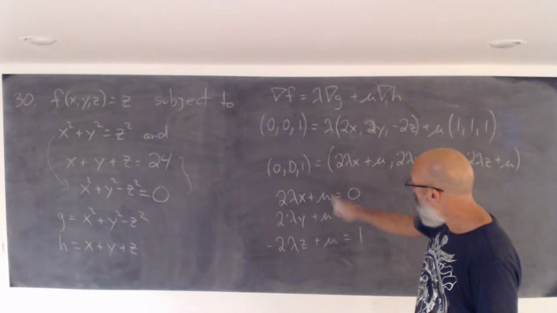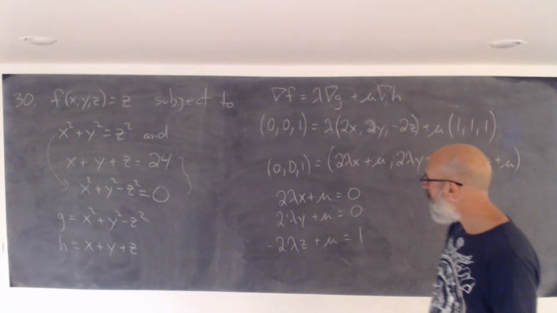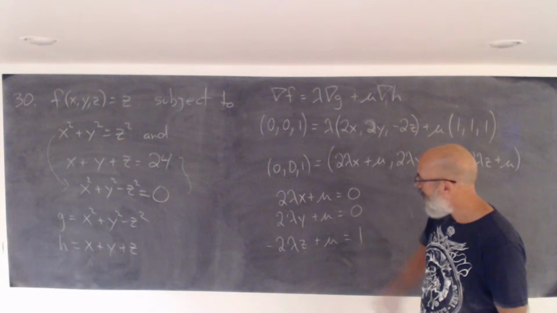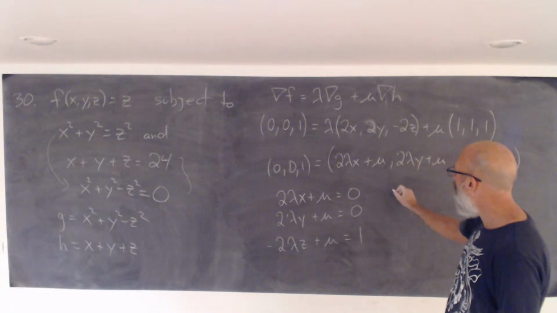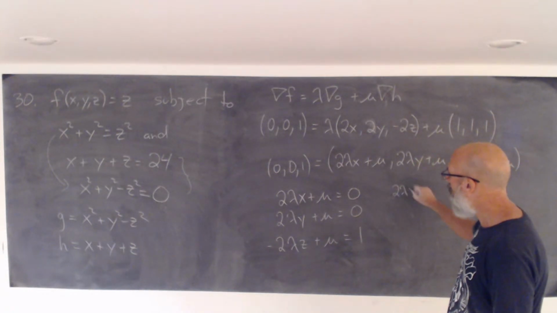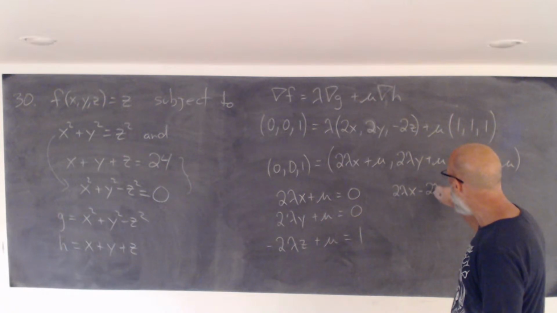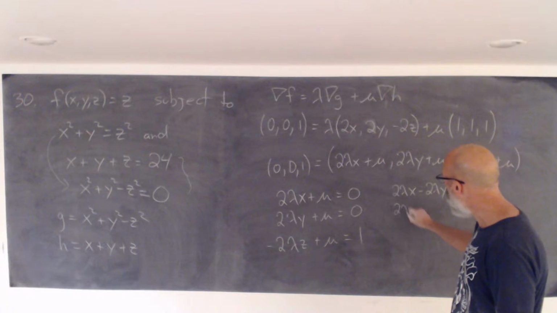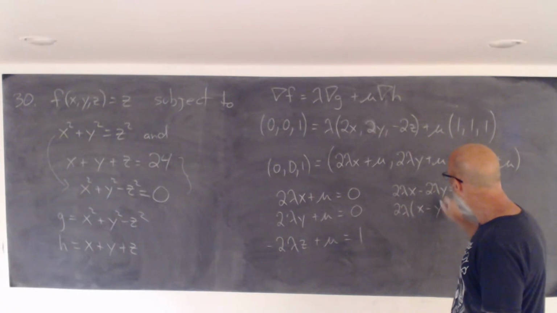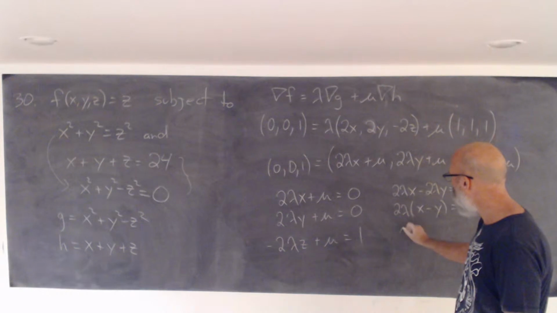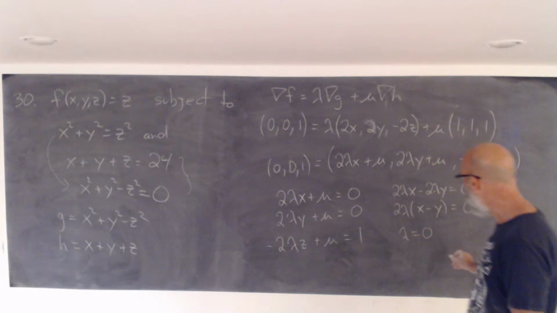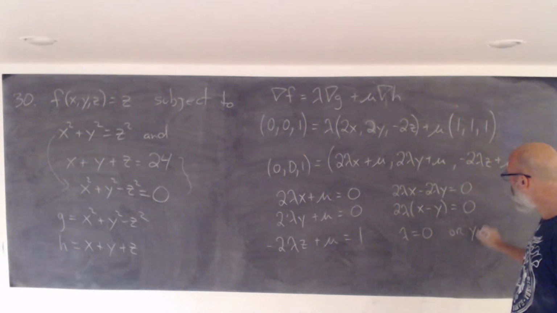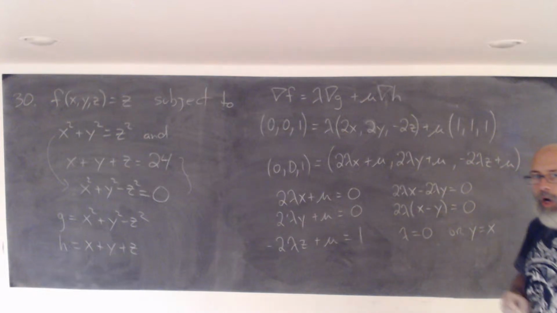If we subtract, let's say this minus that, the mu's cancel out, and you get 2 lambda x minus 2 lambda y is equal to 0. And if you factor out a 2 lambda, you get this. So either lambda is equal to 0 or x is equal to y.